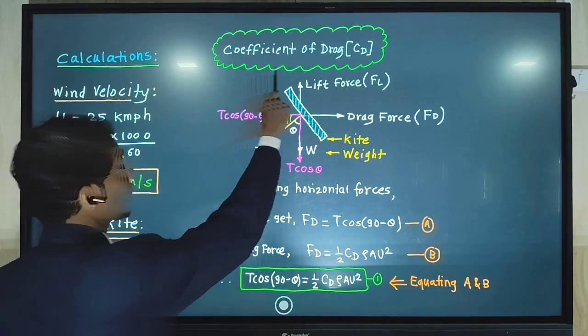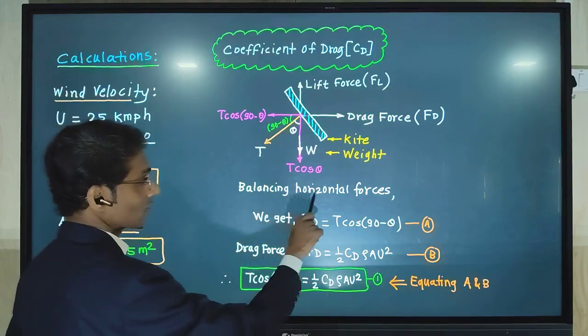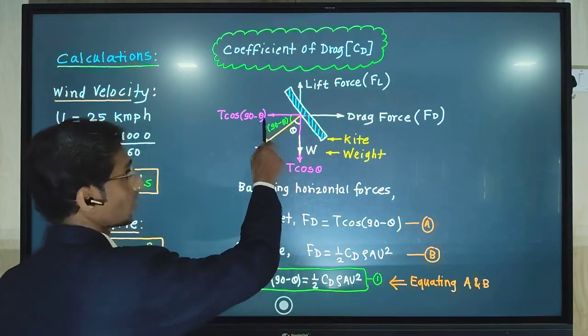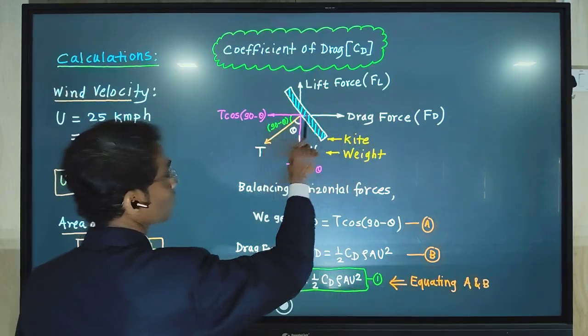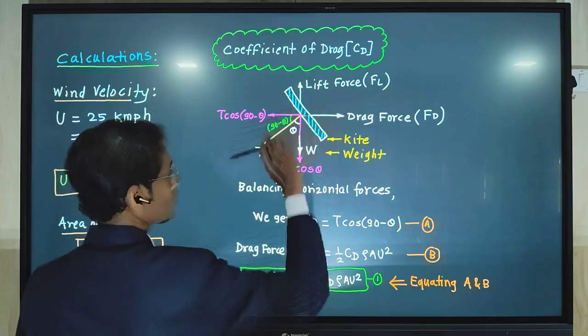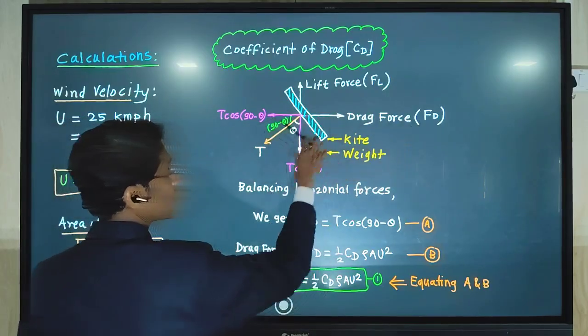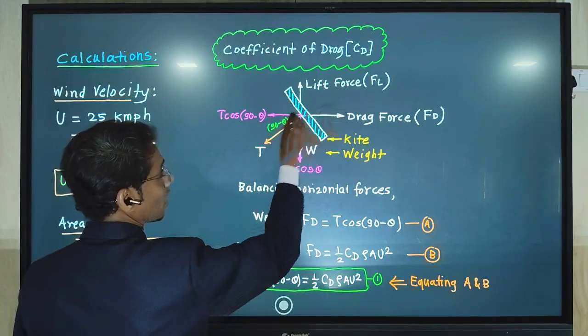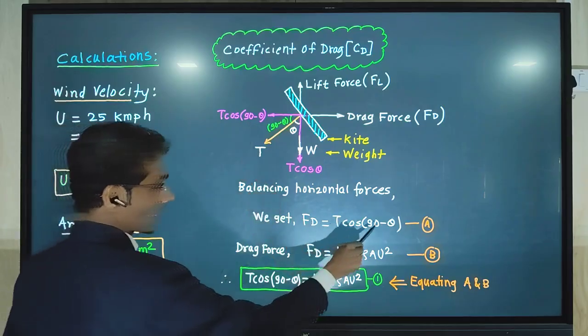Now, in order to calculate the coefficient of drag, we use balancing of horizontal forces because we are concerned with drag force. So we get for the drag force Fd equal to, in opposite direction, a force T cos of 90 minus theta.